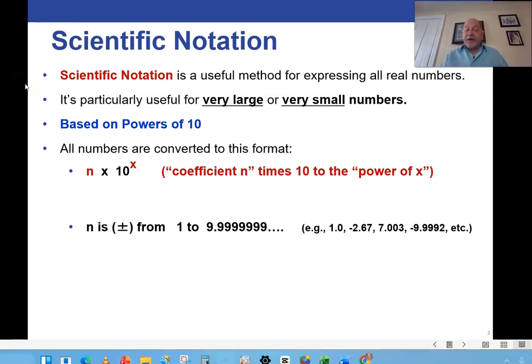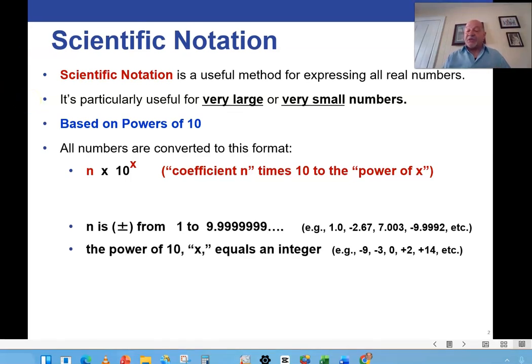For example, n can be 1 or 1.0. It can be negative 2.67, 7.003, where you could write it as positive 7.003, negative 9.9992, etc. Any number between 1 and just under 10, positive or negative, can be the n.